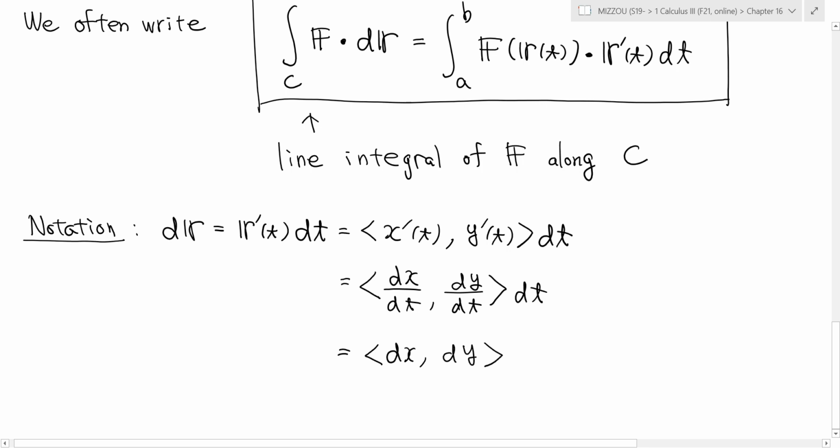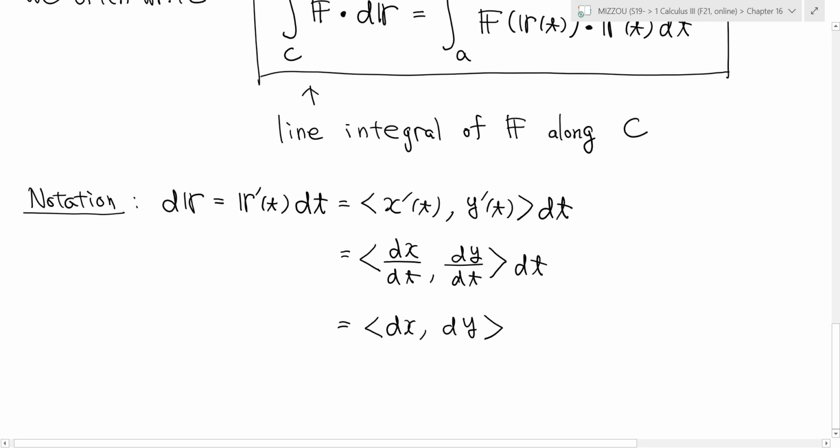All right. So on the other hand, our vector field F, or F of x, y to be precise, has two components, P of x, y and Q of x, y.